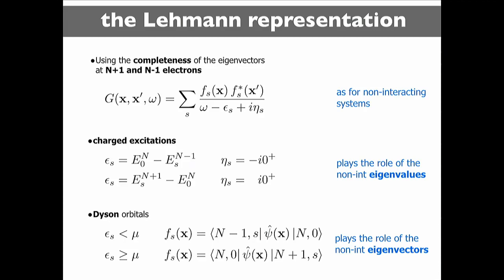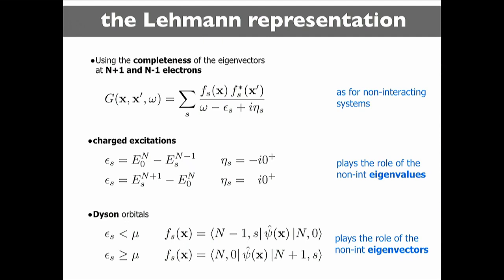Probably Dyson amplitude is more popular in the chemistry community. They can be computed, and there are actual works where these are computed. Those are pretty similar to the orbitals we are used to dealing with, though they carry the full many-body information.